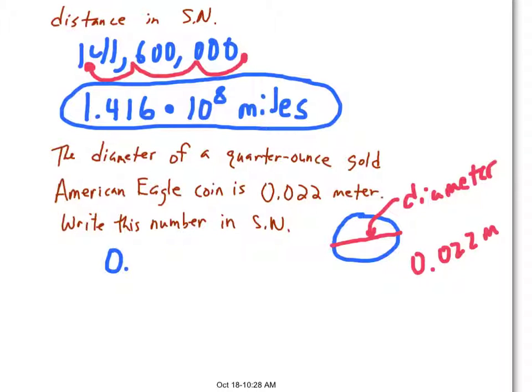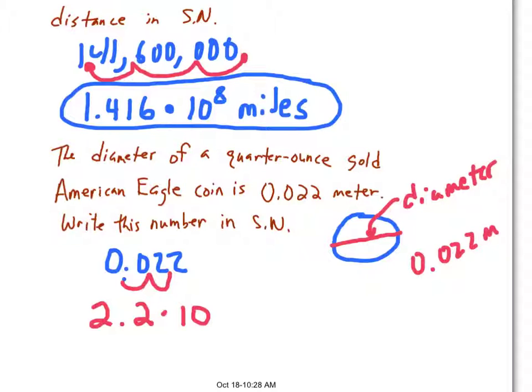So I've got 0.022. I want to move the decimal place to there. So if this number that I'm making that's multiplied by my power of 10, by the way, that's called the mantissa, I'm going to make that 2.2. And since I'm expressing a number less than 1, we know we're dealing with a negative exponent.